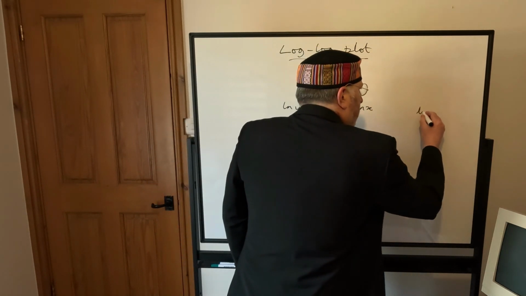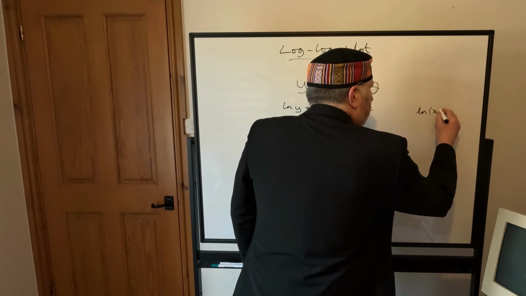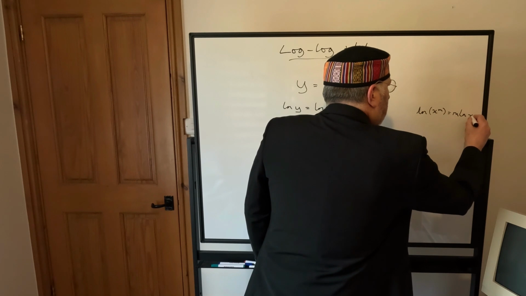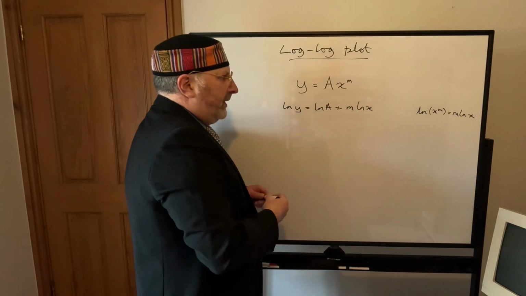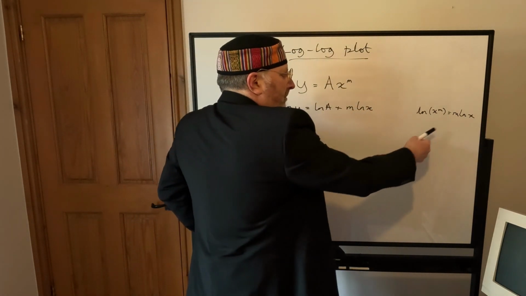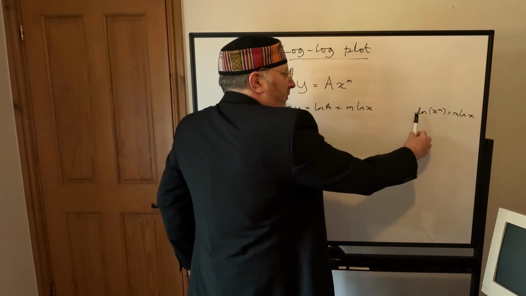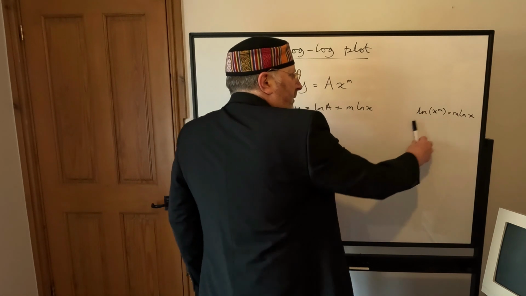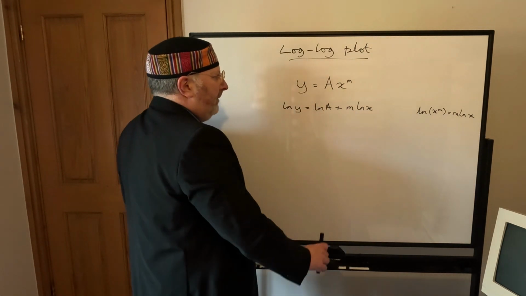So we need to remember that log of something like x to the m equals m log x. If we remember the lesson on exponents, it's fairly straightforward as to why that is the case. But anyway, it's just something we need to remember.